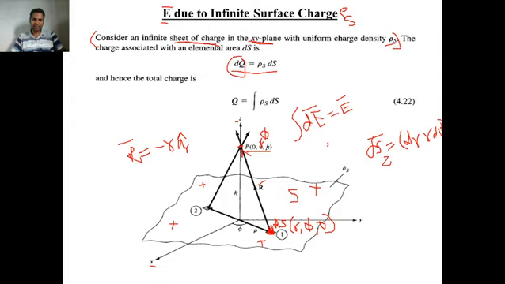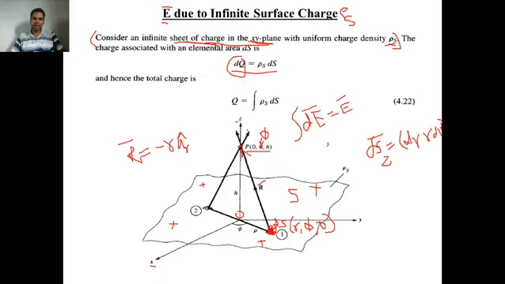Then h is the height of this point from the origin. So this point is assumed to be on the z axis where we want to find out E bar. So what are the assumptions? The first assumption is the given surface is assumed to be on the xy plane, with surface charge density rho s. The second assumption is this surface is assumed to be made up of small ds, and one of the ds differential surfaces is somewhere here.